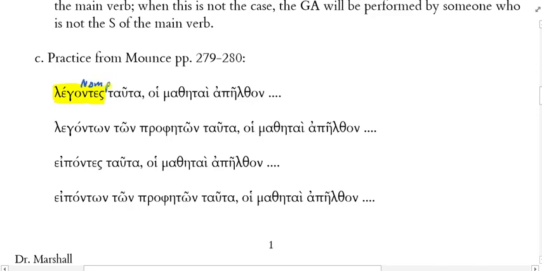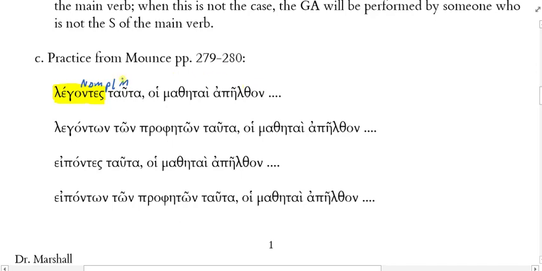That's nominative, plural, and masculine. Okay? Now, what does legontes mean? How would you translate it, or how could you translate it? Saying. Good. Saying. Tauta is accusative, neuter plural. Saying these things, the disciples apelthon, departed, went away. Okay?